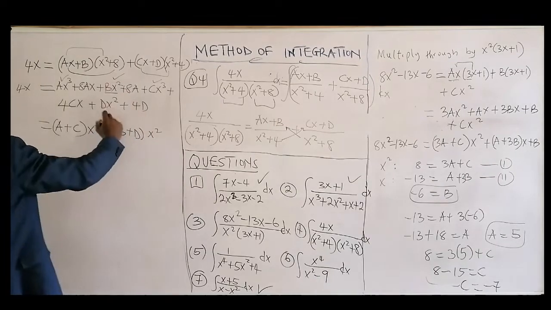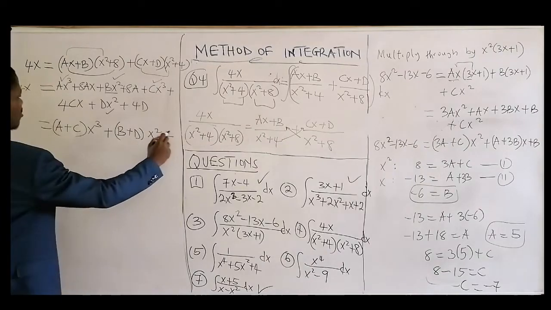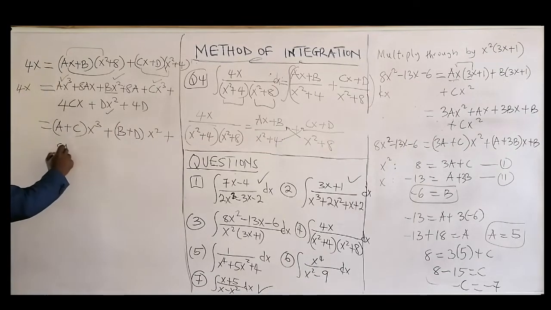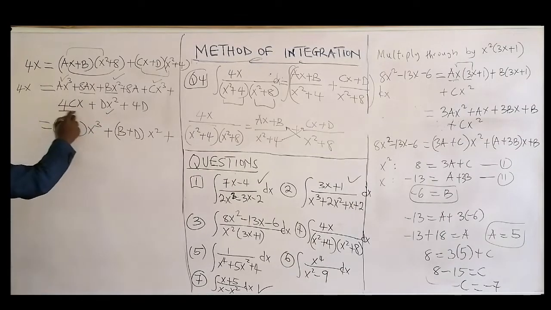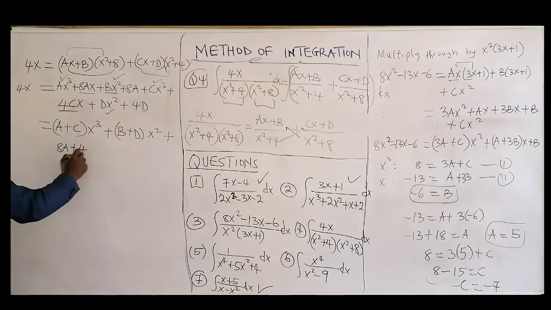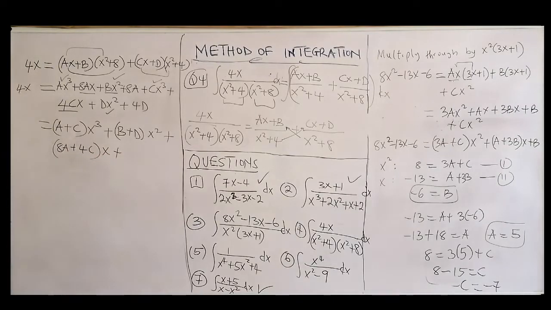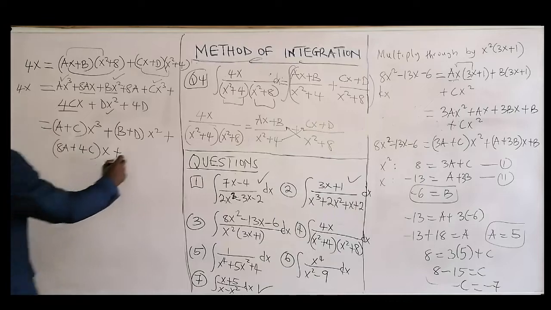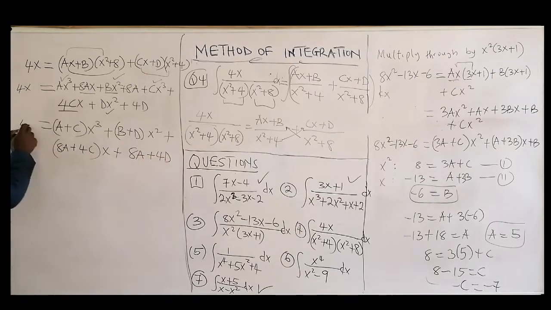For the x value, 8a plus 4c. Then the constant terms, we have 8a plus 4d equal to 4x.